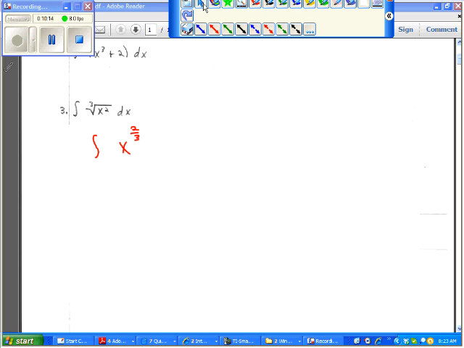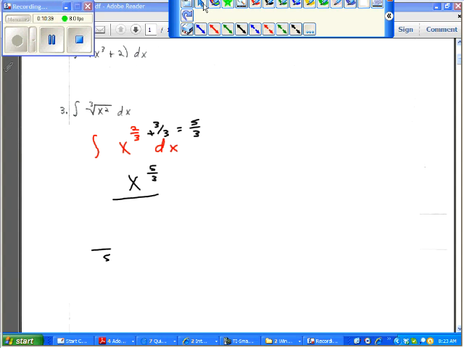Okay, the cube root of x squared dx. And so our rule is to do what? Add 1, but we're going to put it in terms of thirds, so that would make that 5/3. And so we're going to have x raised to the 5/3 divided by that same 5/3.